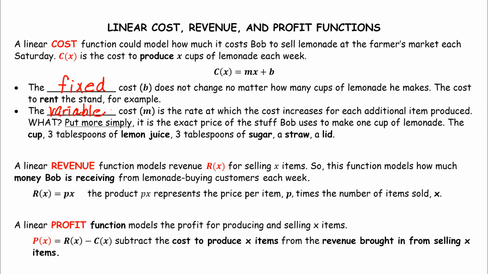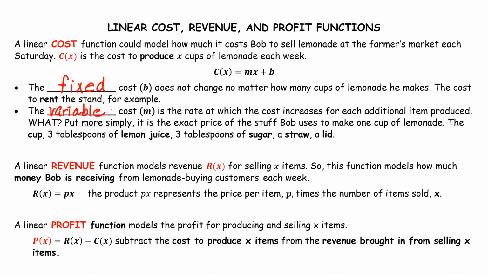He has to pay for all the cups and the lids and the lemon juice and the sugar. And then the revenue is coming in. But to figure out his profit, you have to subtract the cost, the C of x, that he had to pay to do all this from his revenue, the money that people were handing to him over the counter.